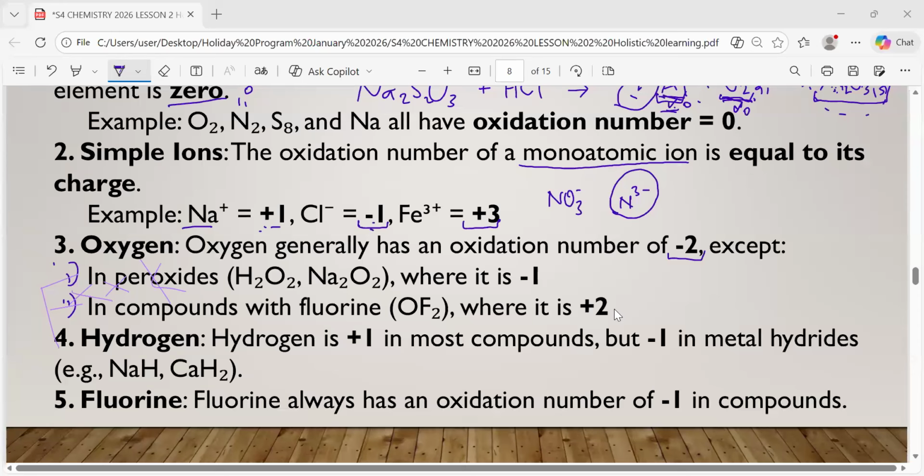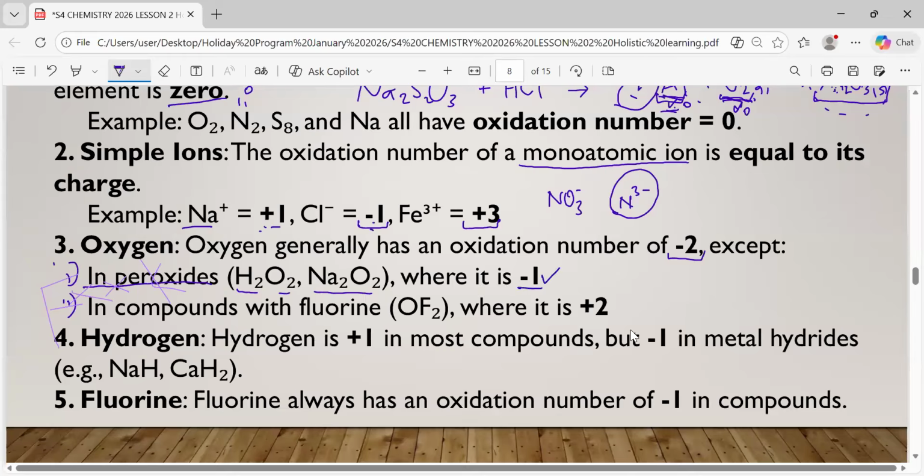Now, those are just exceptions. Except, number one, in peroxides, for example, when it is in hydrogen peroxide, good, sodium peroxide, very good, where it is -1.